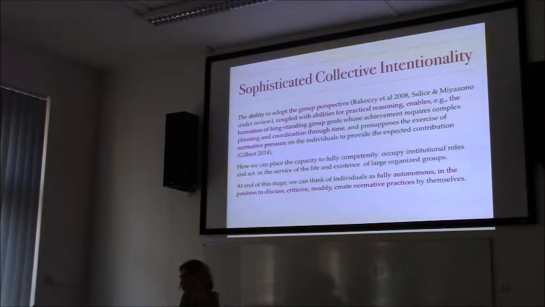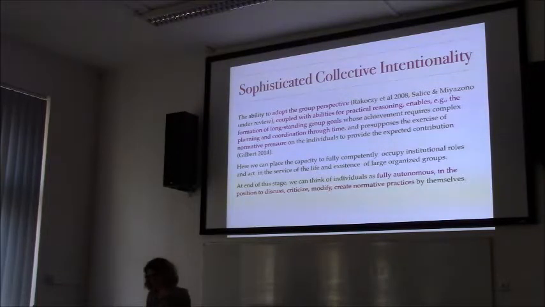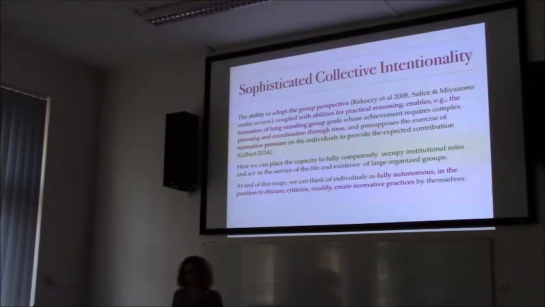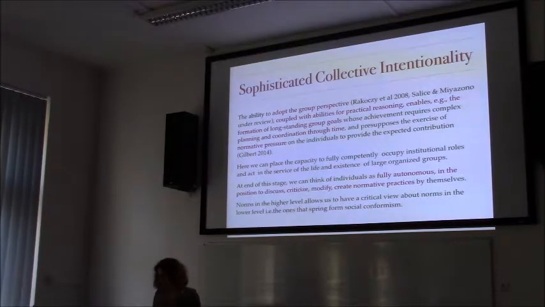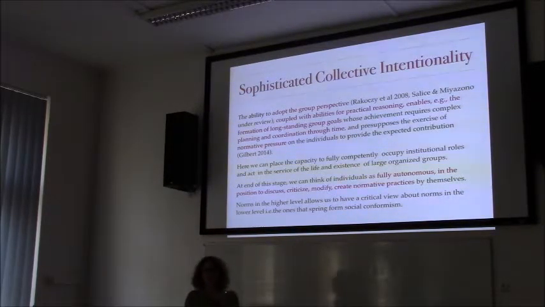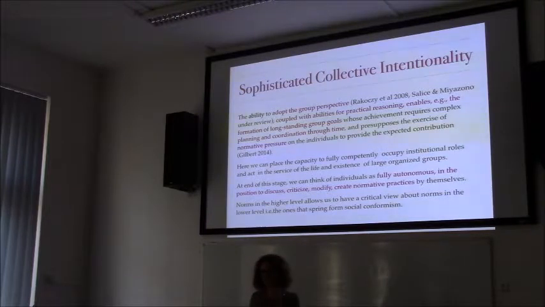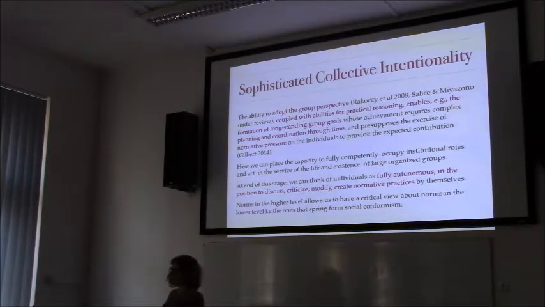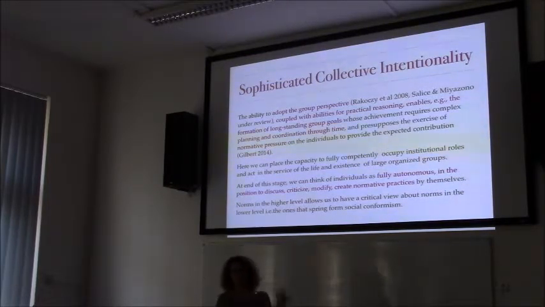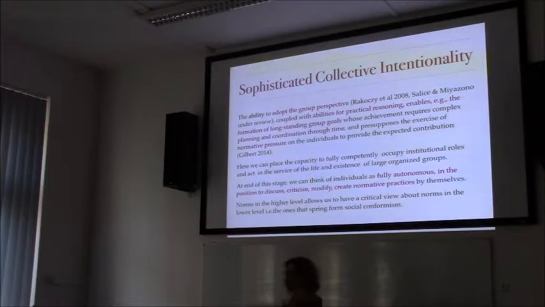So at the end of all of this process, we have fully autonomous individuals who are in the position to discuss, criticize, modify, and create normative practices by themselves. And norms at the higher level can be thought to help with the criticism of norms of the lower level, the kind of thing that you are prone to do by means of this spontaneous and two-dimensional emotional responding to each other.